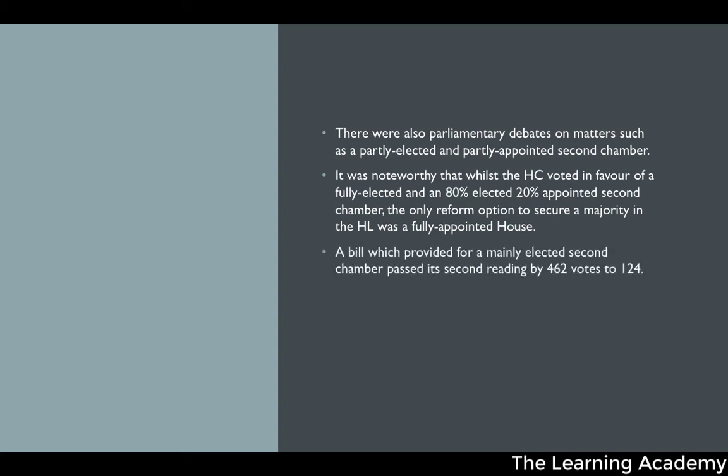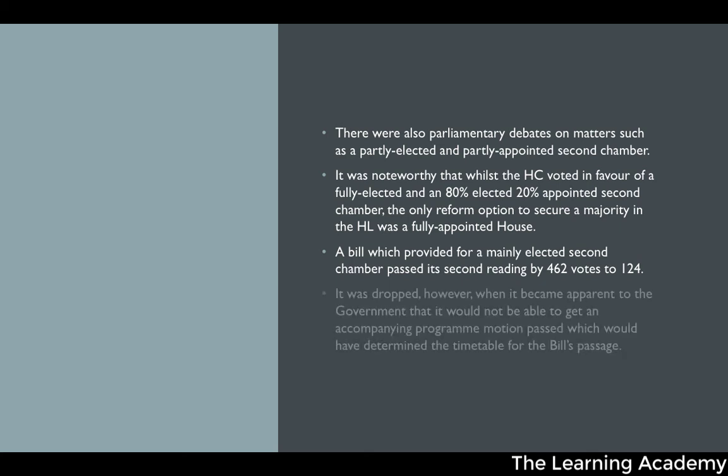A bill which provided for a mainly elected second chamber passed its second reading by a vote of 462 to 124. So you can see there is a huge majority in favour of reforming the House of Lords and making it an elected chamber. It was dropped, however, when it became apparent to the government that it would not be able to get the accompanying programme motion passed, which would have determined the timetable for the bill's passage.